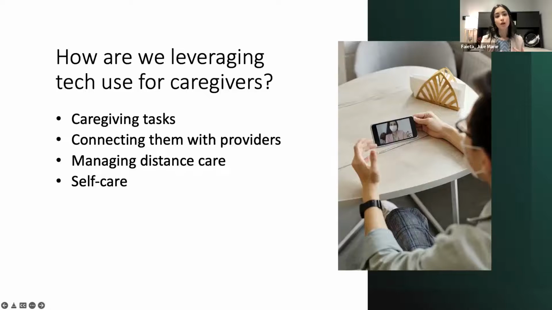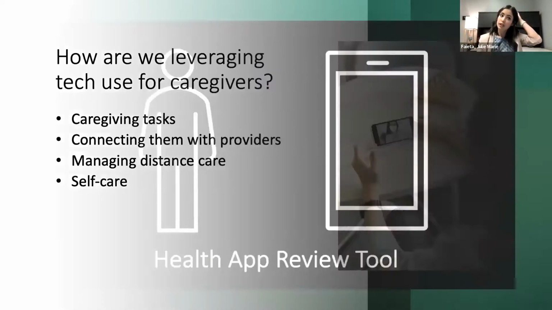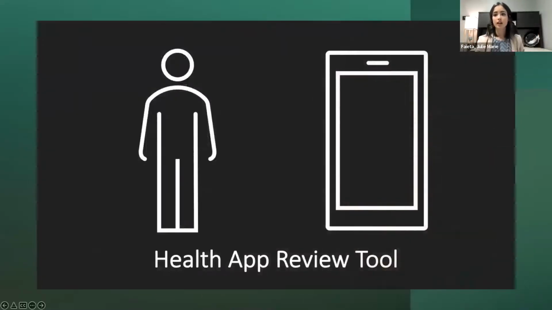The well-being of the individual with Alzheimer's disease and their caregiver, again, are often intertwined. So we wanted to look at mHealth that could support either component or both components of that AD-RD dyad, is what we called it, the individual with AD-RD and their informal caregiver.